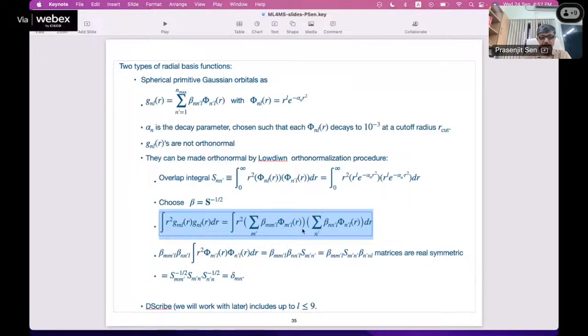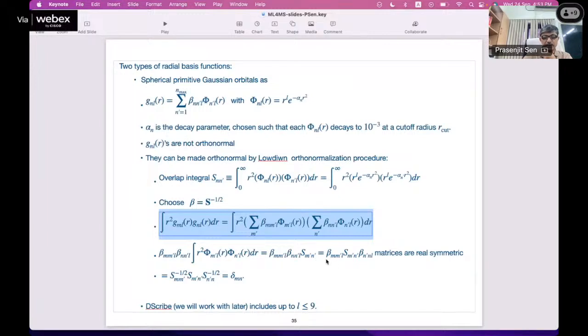Both are expanded in terms of the phi functions, and because betas are constants, I can pull them out of the integral. I'm left with the integral over products of phi's with some summation. The summation I have not written because I have assumed that repeated indices are summed over. So I have beta m m primed, beta n n primed, and then this integral is just S m primed n primed from its definition.